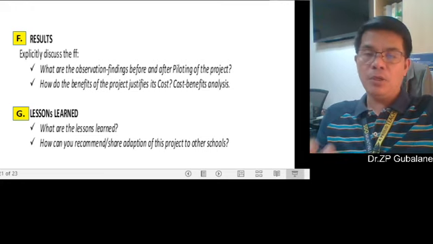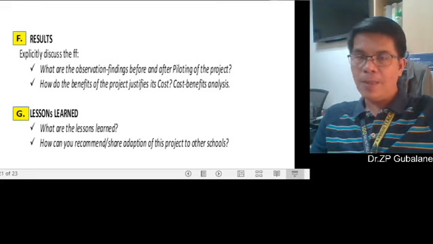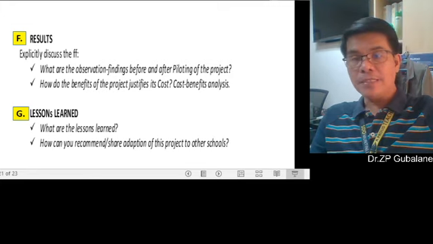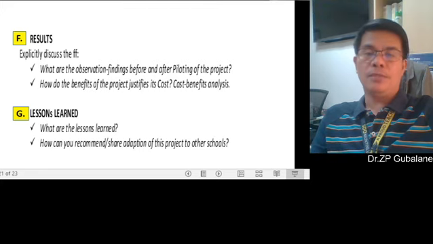Dapat ipagmalaki mo, you must be proud of your project, that your project achieved this kind of benefits. Okay, it provided benefits to your target clienteles or to your students. So, pag ipinagmalaki mo yan, maging yung mga problems na na-encounter, ipagmalaki mo din.